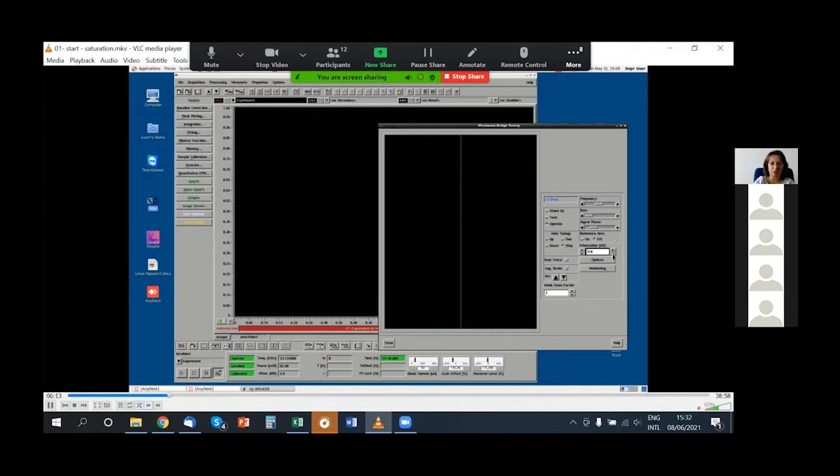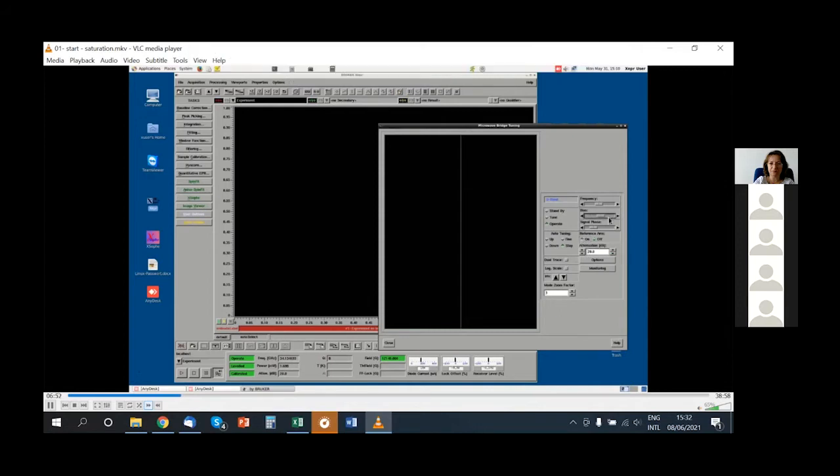I think I can do it even faster. So we are just preparing our spectrometer for best results.